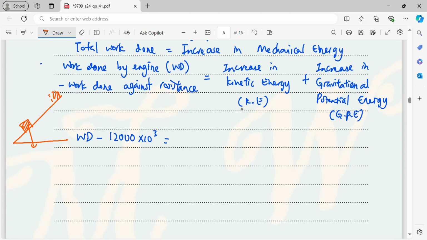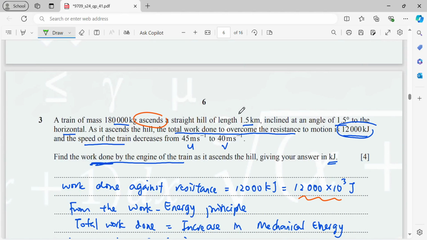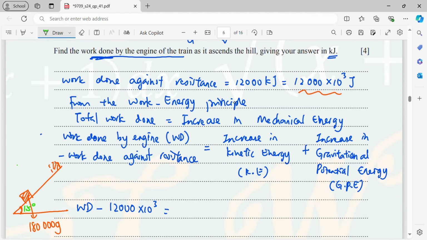This is 180,000 kilograms, and this is the weight. Here, angle is 1.5 degrees, it's given in the question. Now, the length of the hill is 1.5 kilometers, so here is 1.5 kilometers.